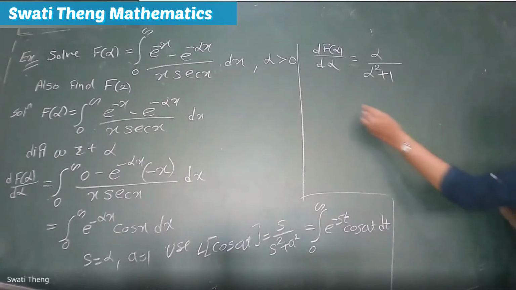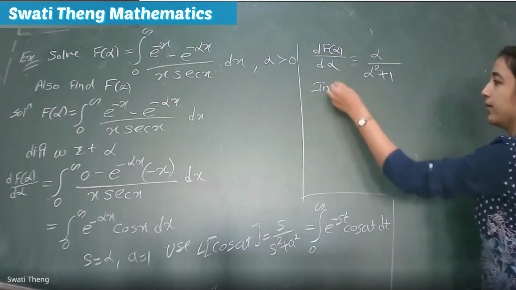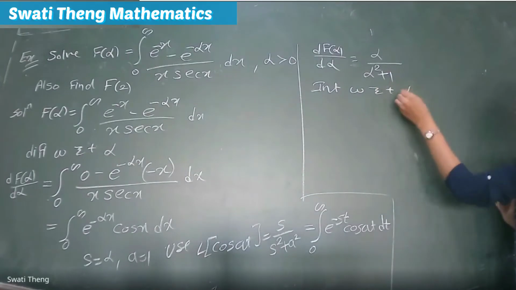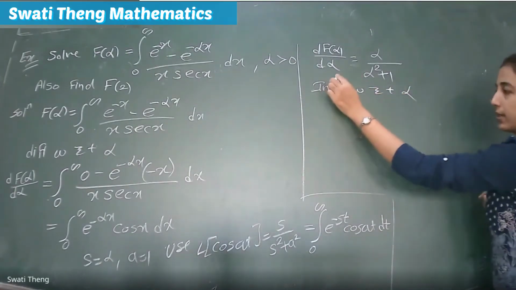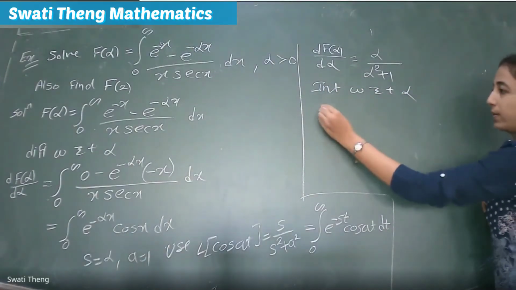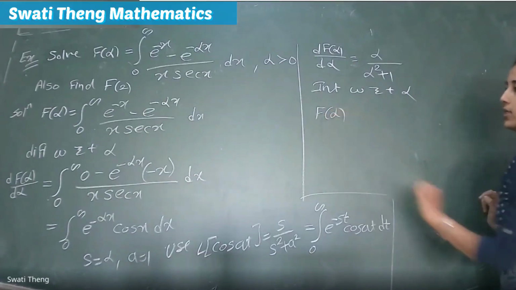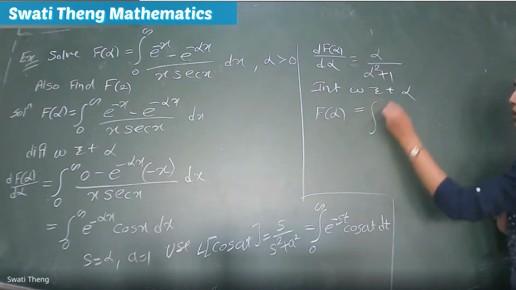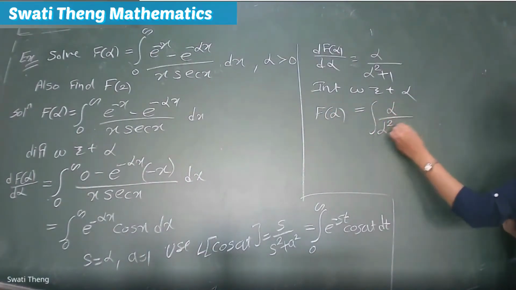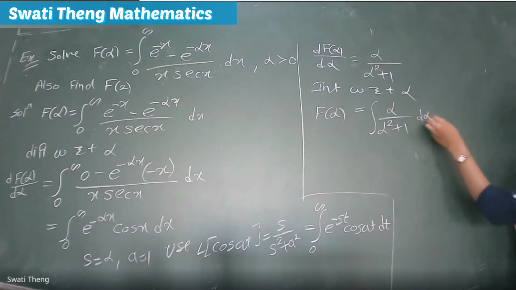In the next step, we integrate both sides with respect to alpha. On the left hand side, derivative and integration with the same variable, so we get f of alpha is equal to the integral of alpha divided by alpha square plus 1 d alpha plus an integrating constant c.